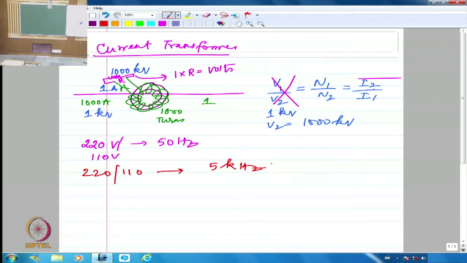In both cases, I am going to have E equal to 4.44 F into number of turns.